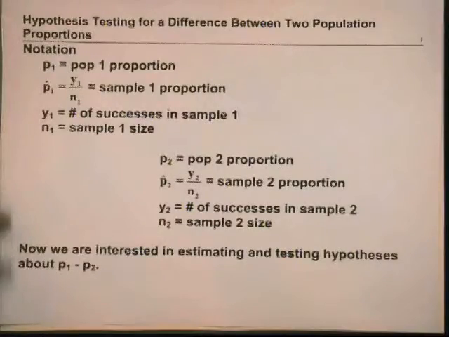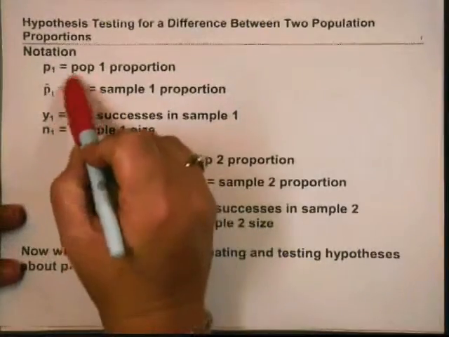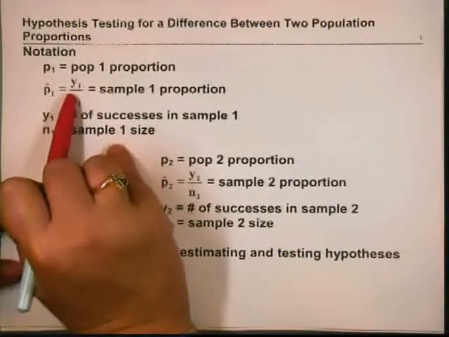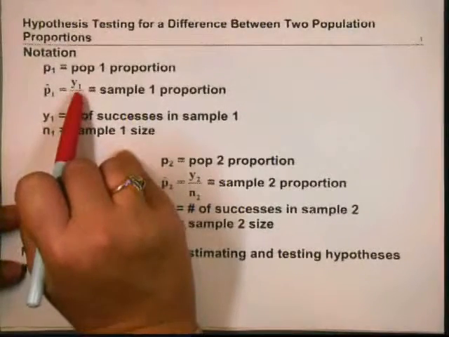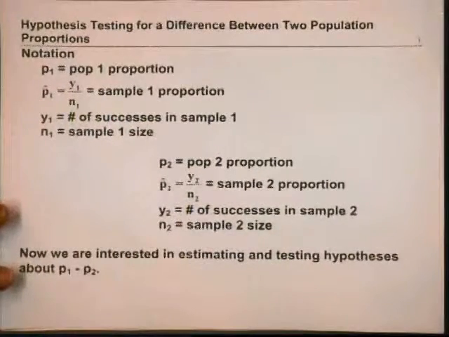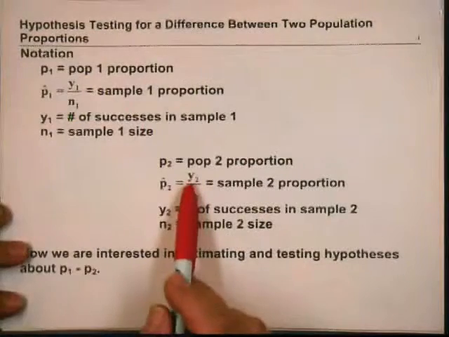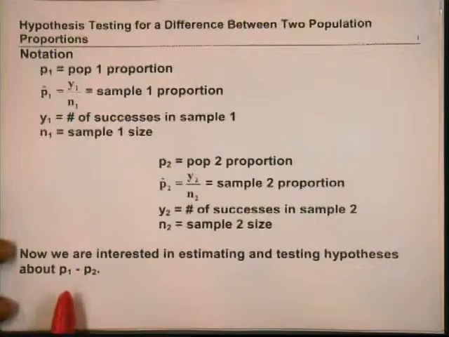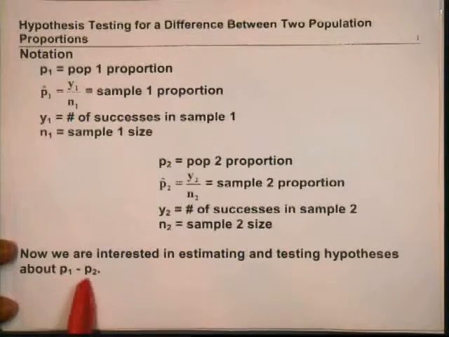One of the notations in your book is just y, so y1 is equal to the number in the sample that have the characteristic of interest. Y2 is the number of individuals or subjects in sample 2 that have the characteristic of interest. So our interest becomes estimating the difference between two proportions or testing hypotheses about them, P1 and P2.